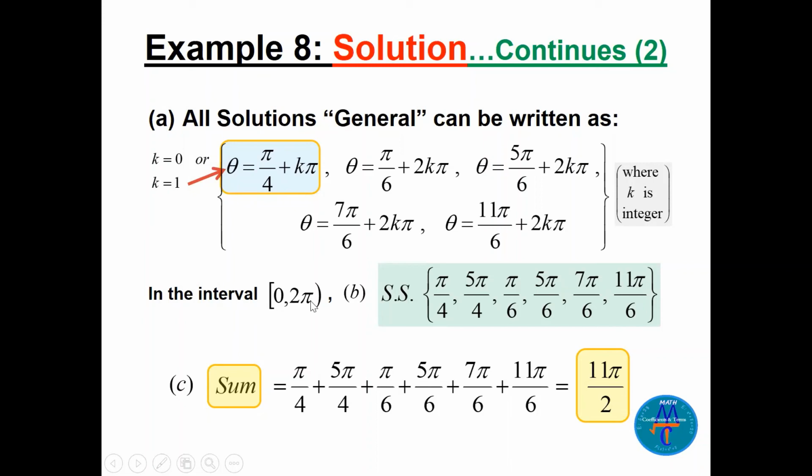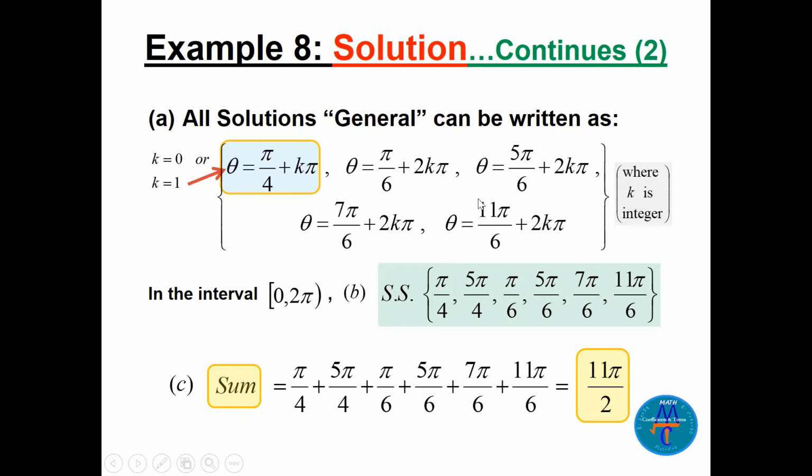Now, in the B part, we need the given interval 0 to 2 pi. So let's take k equals 0. This would be pi over 4, pi over 6, 5 pi over 6, 7 pi over 6, 11 pi over 6. That's easy. Now, if I take k equals 1 in the first one, it will be pi over 4 plus pi, which is 5 pi over 4. If I put 1 in the others, it will be greater than 2 pi.